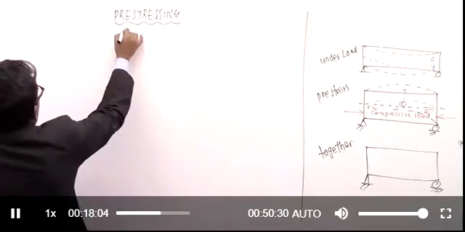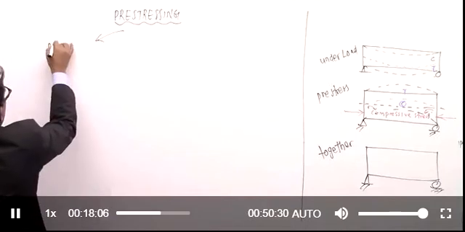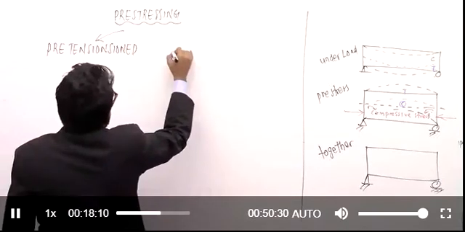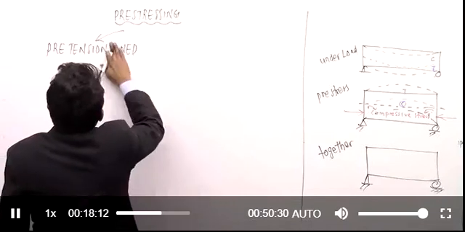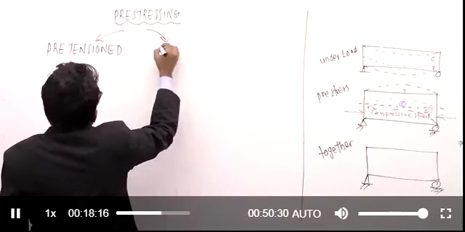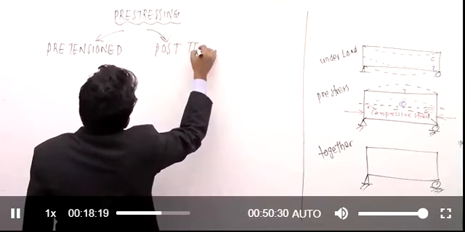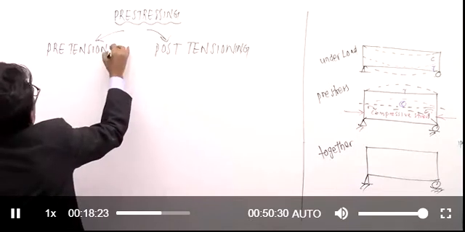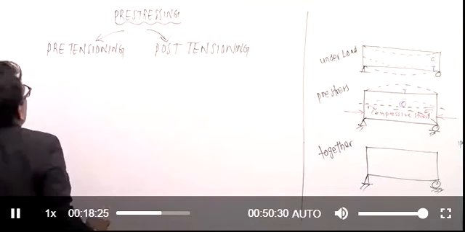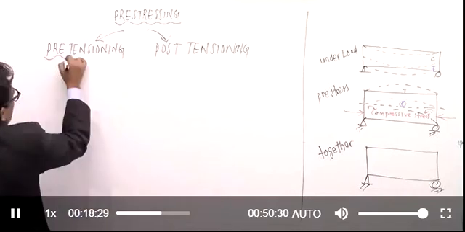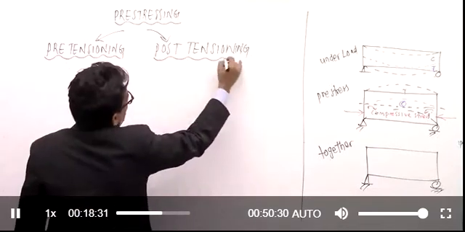Exactly, we have pre-tension systems and post-tension systems, or pre-tensioning and post-tensioning. I'm going to write it as pre-tensioning and post-tensioning. What is pre-tensioning and post-tensioning?